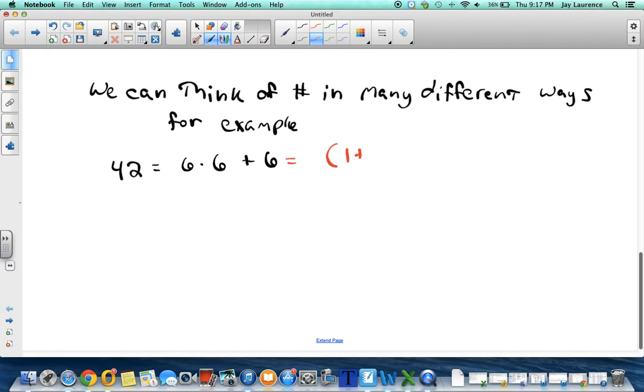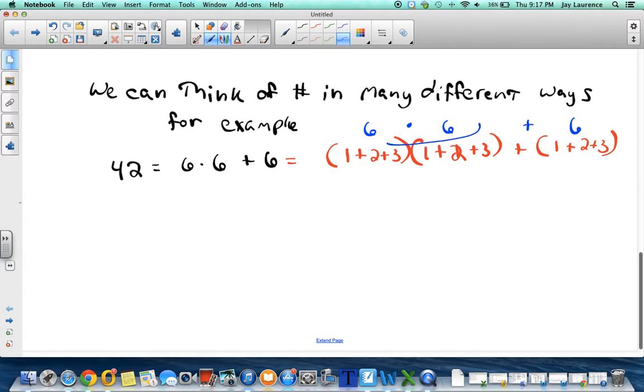The quantity of 1 plus 2 plus 3 times the quantity of 1 plus 2 plus 3 plus the quantity of 1 plus 2 plus 3. Now there's lots of different ways to think about it, but you notice this is 6 times 6 plus 6. Because of the order of operations, we'll get 36 plus 6, we'll get 42. So we're thinking about these numbers in many different ways.